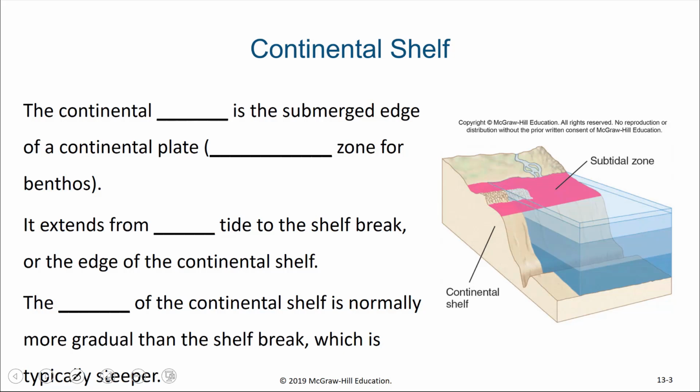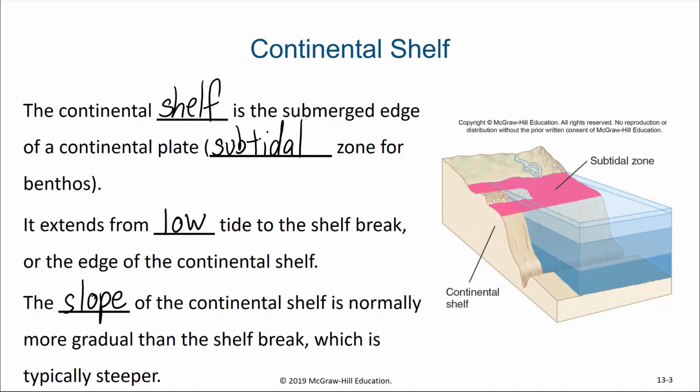The continental shelf is the submerged edge of a continental plate. Is the subtidal zone for the benthos. It extends from low tide to the shelf break, or the edge of the continental shelf. The slope of the continental shelf is normally more gradual than the shelf break, which is typically steeper.